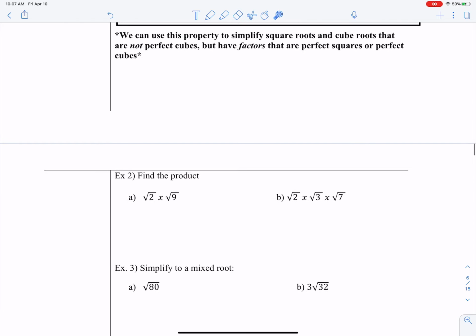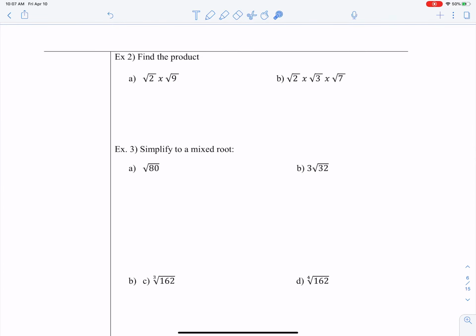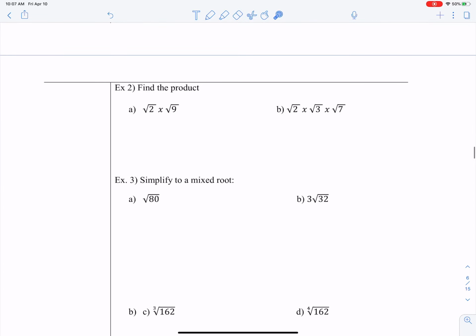Now we have two different radicals. We want to find the product. We just learned that to find the product, we could take one large radical sign and put both of our numbers underneath it, like this.